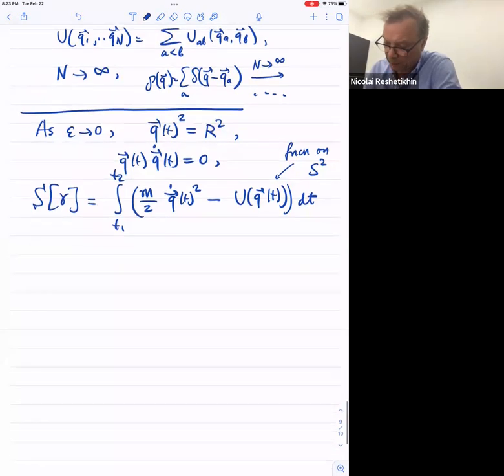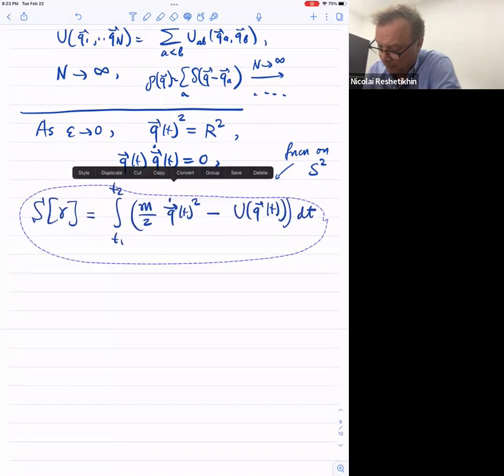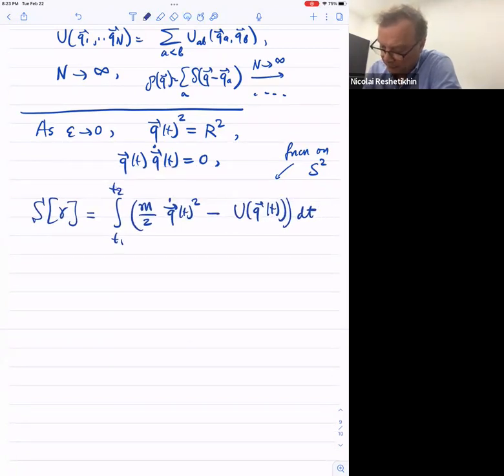So we have the same formula, but with the difference that now it's all on a sphere, and then we can do a nice homework, which is the following.